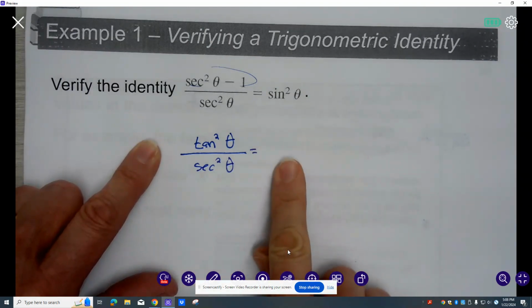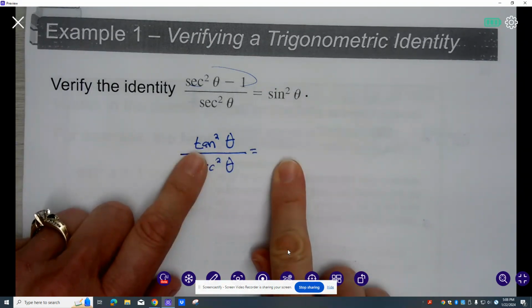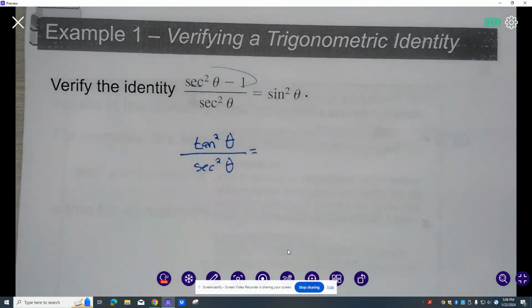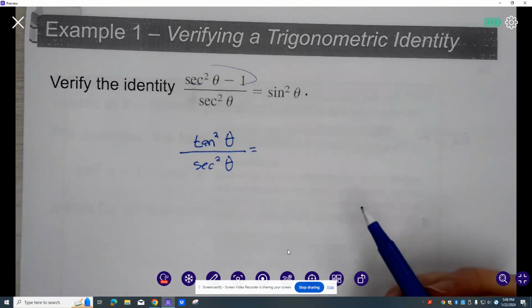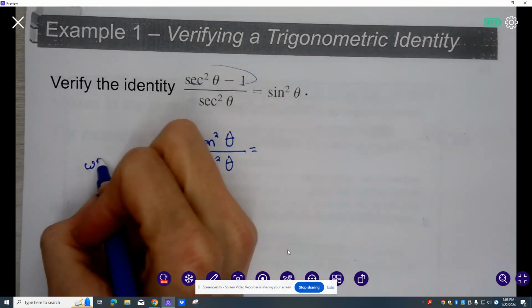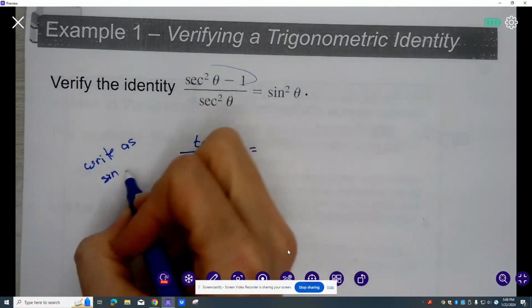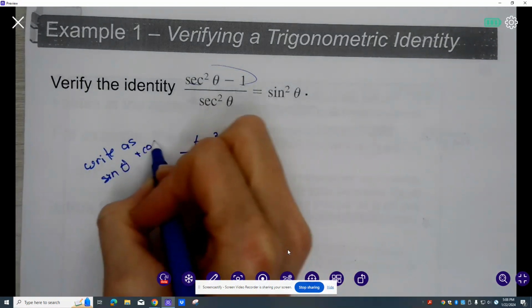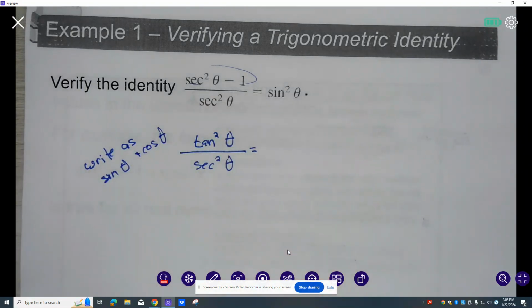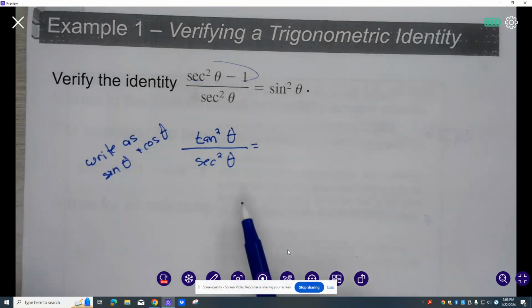And remember, I want to end up with a sine squared over here. All right, so now I have tan squared and secant squared. So what I might think in this step is to write them as sines and cosines. So sine of theta and cosine of theta. I said that's often what you're going to do.